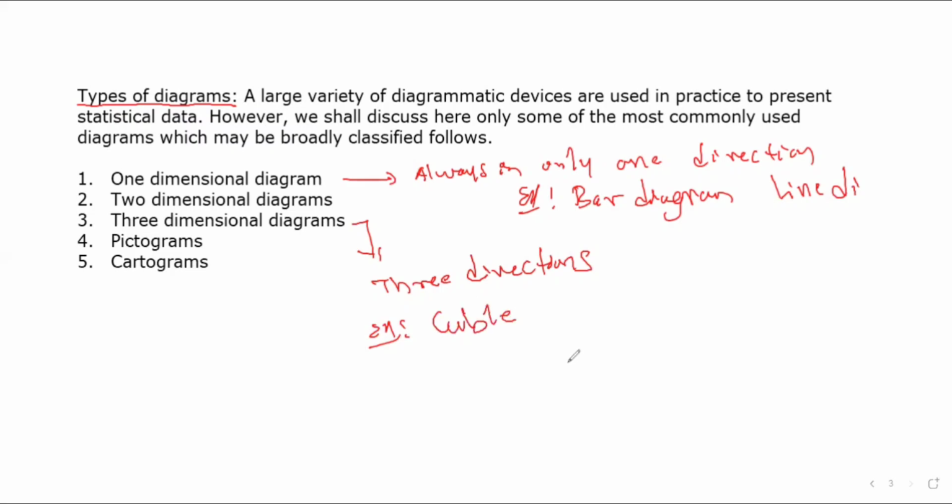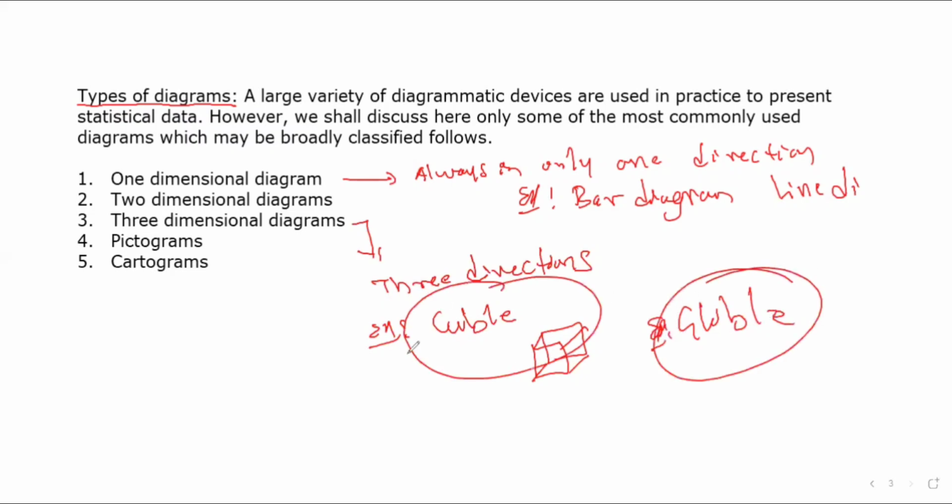Those diagrams are three-dimensional. It is very hard to show 3D diagrams by manual method. Cube, then globe, like a cricket ball or a globe. So these are three-dimensional diagrams.